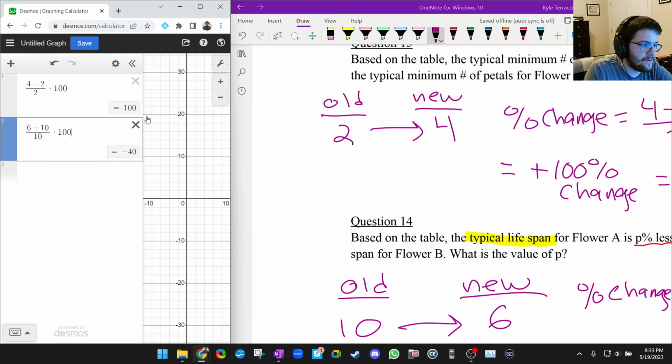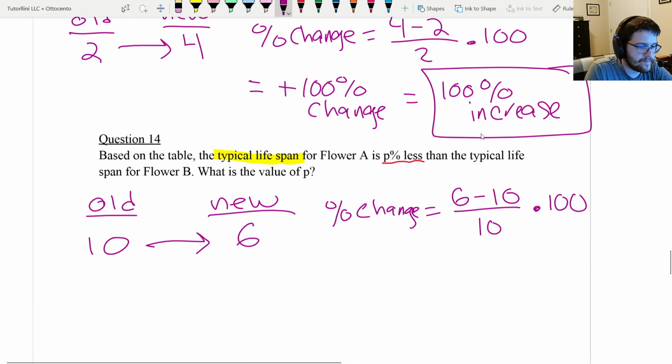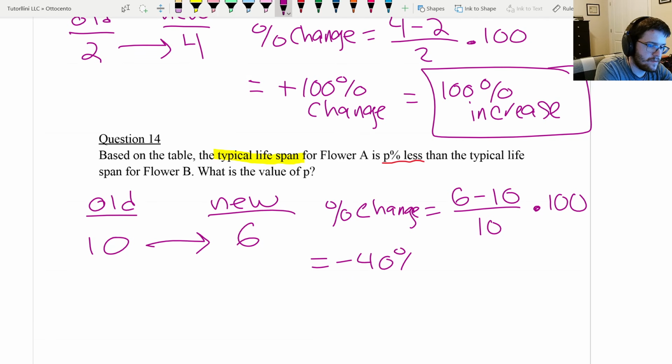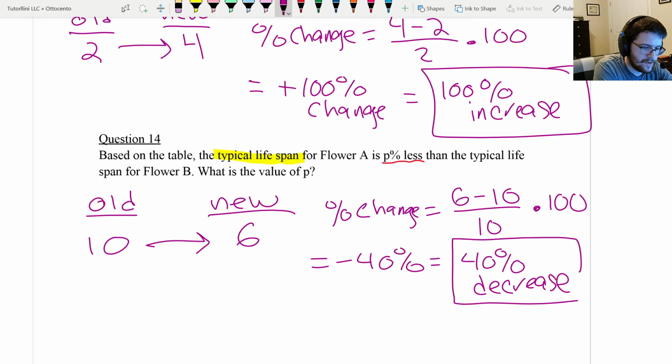And we get negative 40. So this is negative 40%, which is a 40% decrease, less is a decrease word, so we would just put 40 as the answer. Okay, I think we've got one or two more.